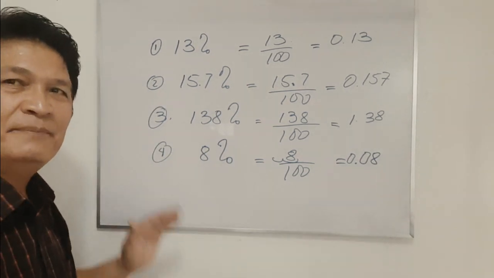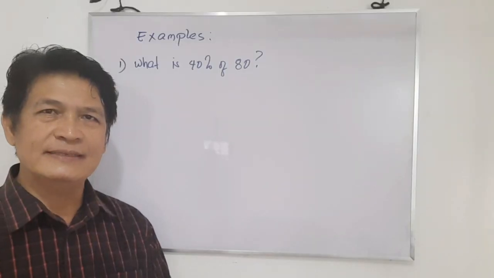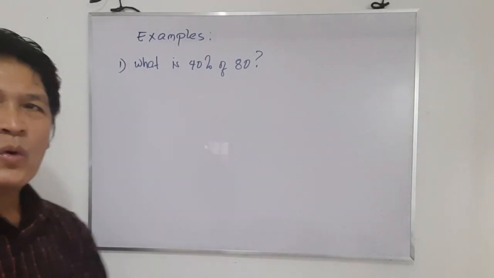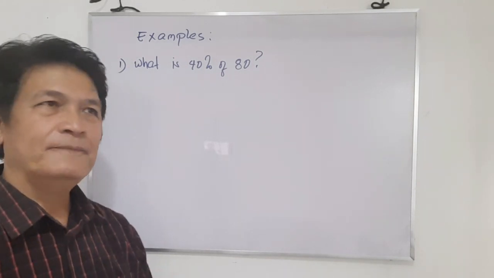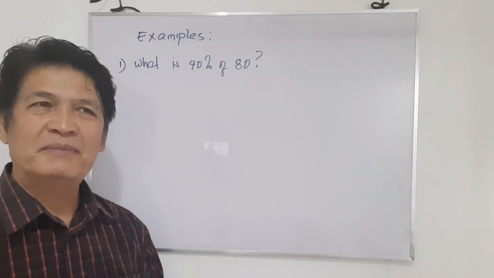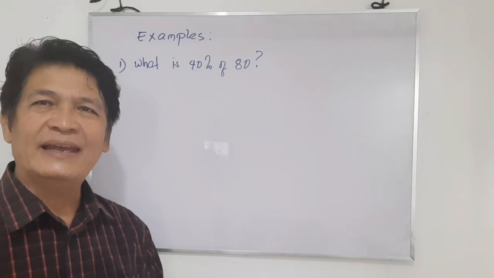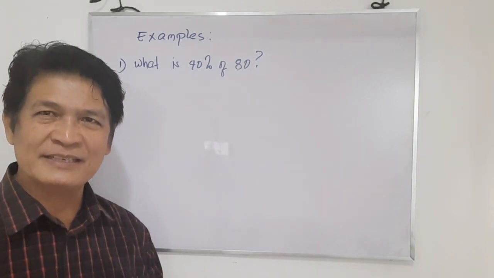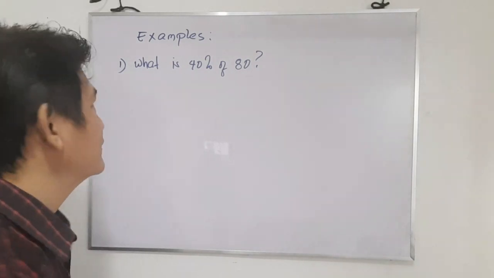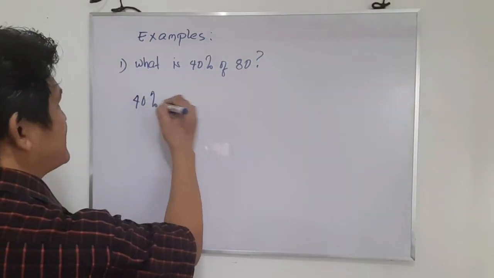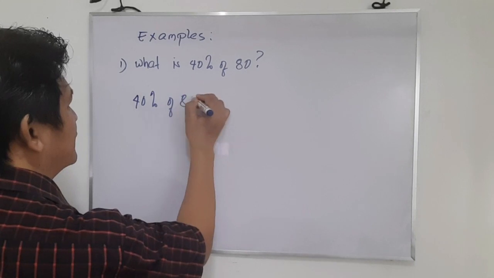Okay? Let's solve some examples then. First example is, what is 40% of 80? Okay? So either we solve it by using fraction, and the second method is using a decimal. So first we use the fraction method. That is 40% of 80.